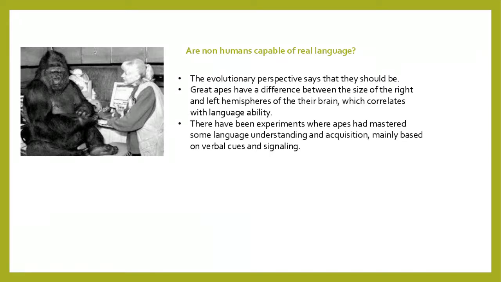Through repeating certain actions, they can understand signals, and it's based mainly on verbal cues and signals. So as much as they can't speak, there is an element of understanding and a similarity to humans. So are non-humans capable of real language in terms of speech? No. But they can show some level of language understanding and acquisition.